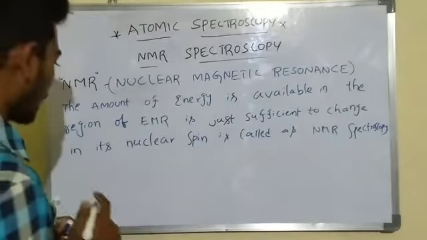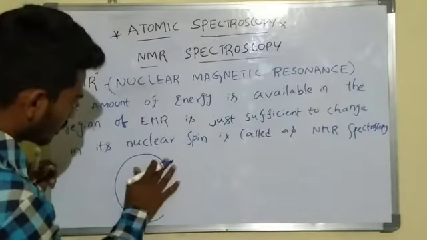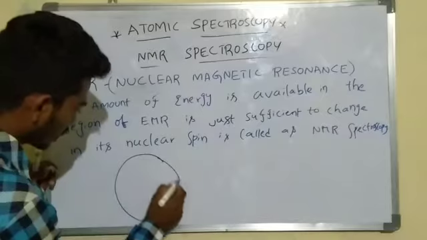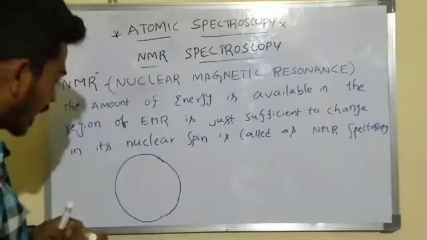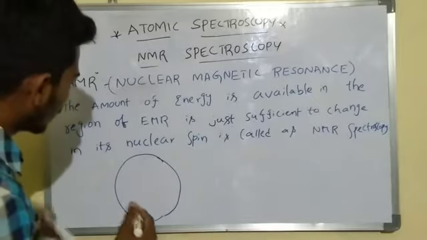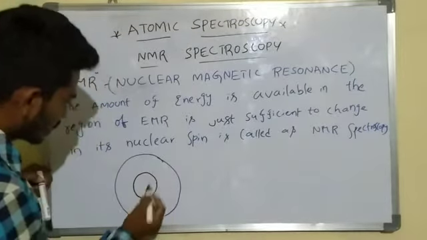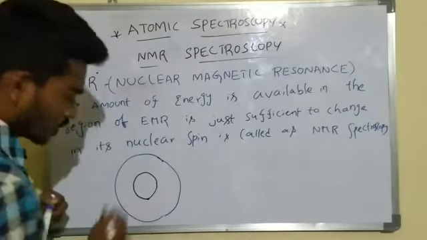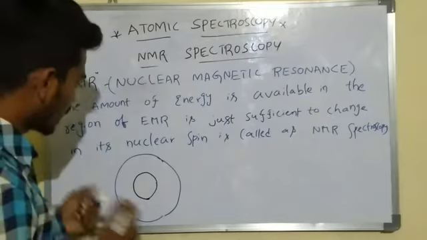For example, this is one atom. Inside the atom, the nucleus is present at the center of the atom. Inside the nucleus, neutrons and protons are present.